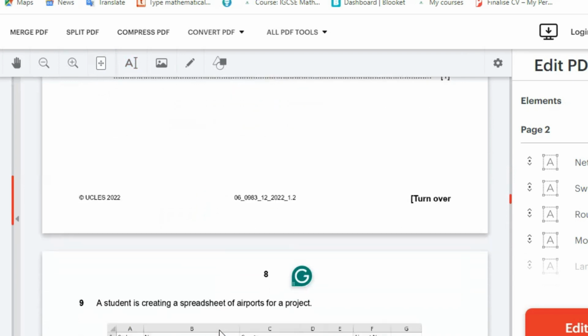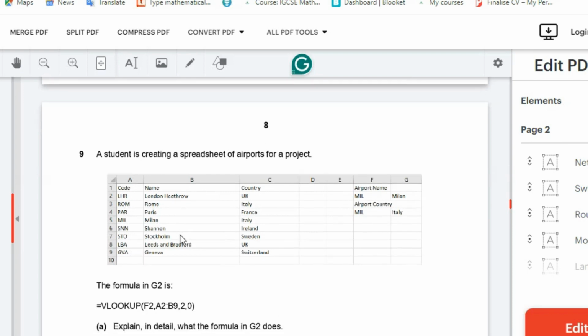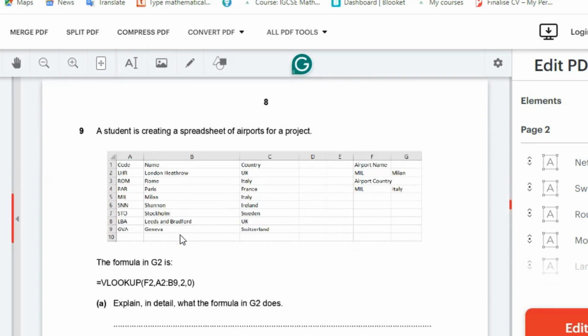All right, so we move to question number 9. Question number 9 says, a student is creating a spreadsheet of airports for a project. You have code, name, country, airport name. The formula in G2 is given.